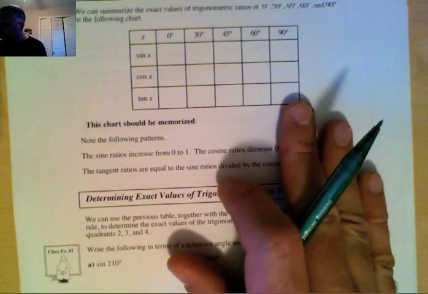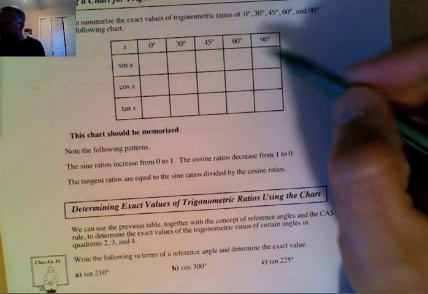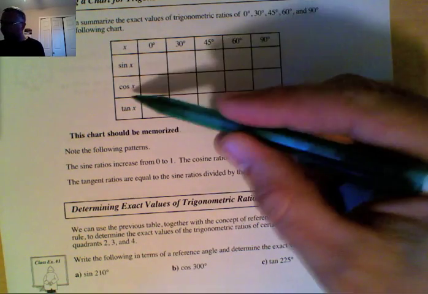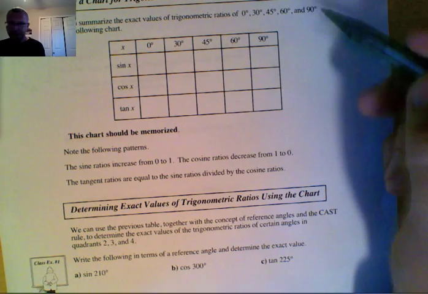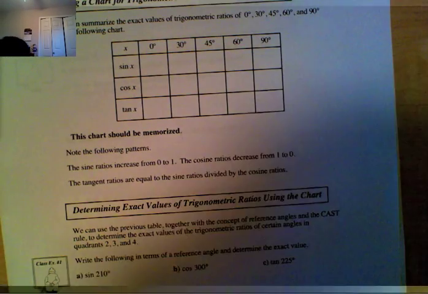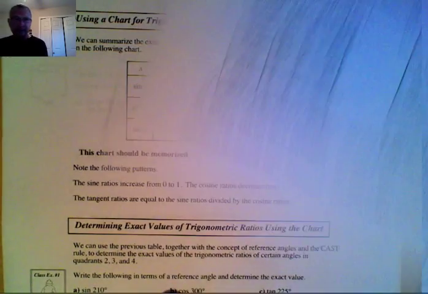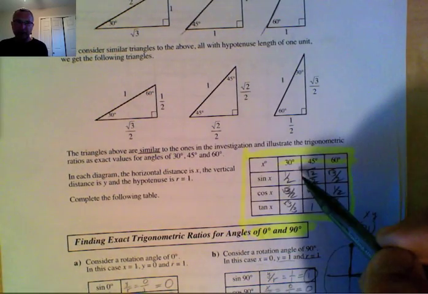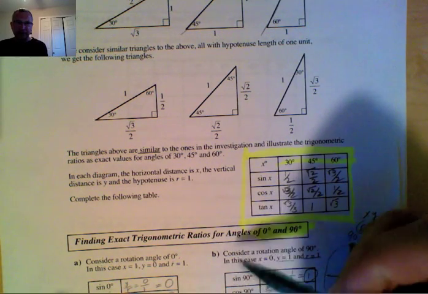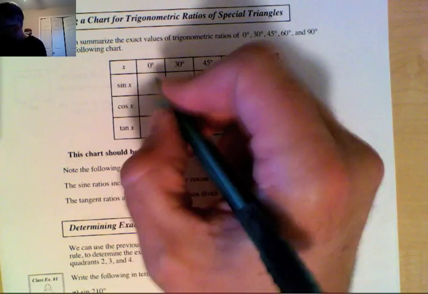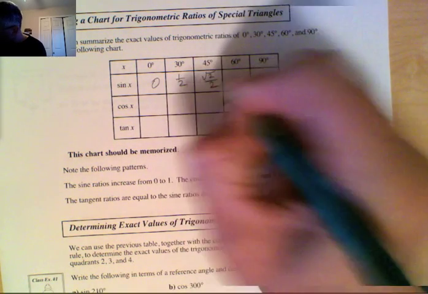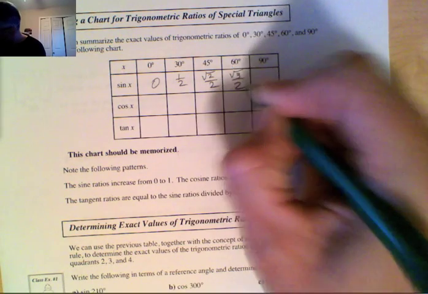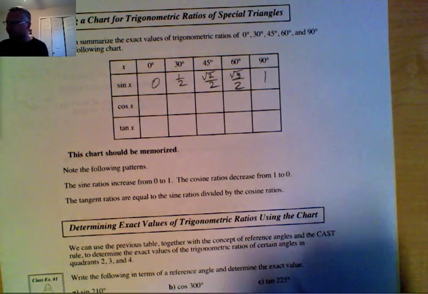So we can extend our chart here and include 0 and 90. It would be using the exact same chart as we had here. We would be recopying this chart, and then we would be using the values from this particular chart. So if we go back and do that, the sine of 0 is 0, and if we're copying out from our other chart, these are the values we get.